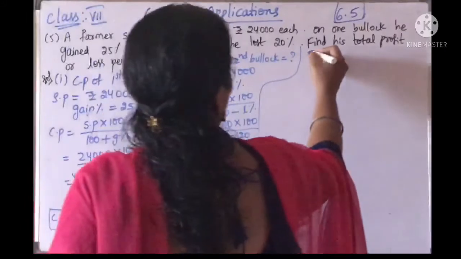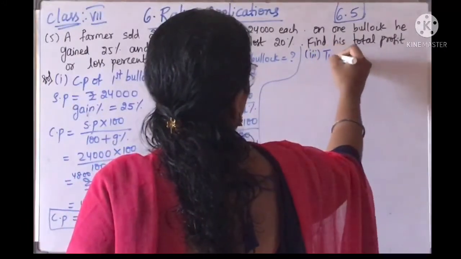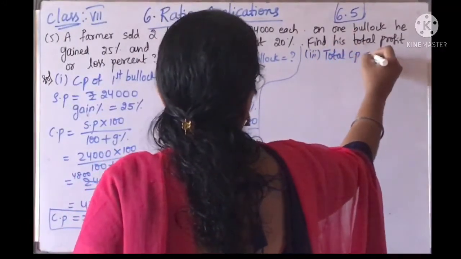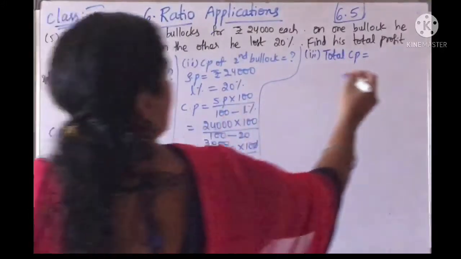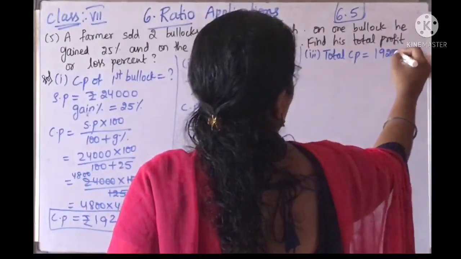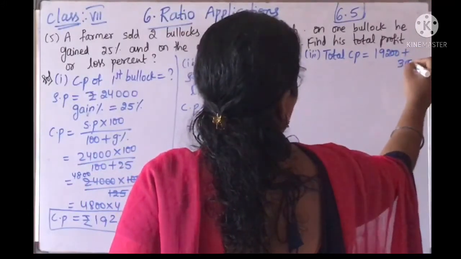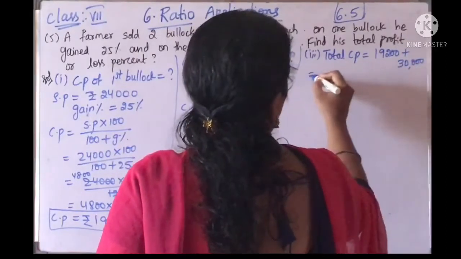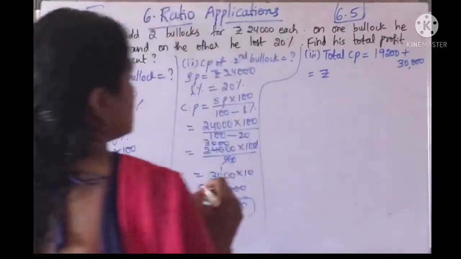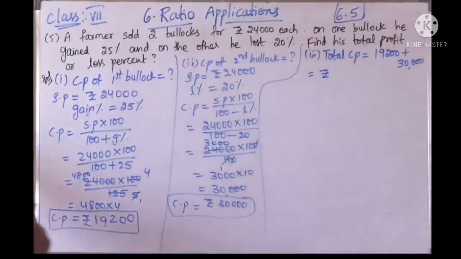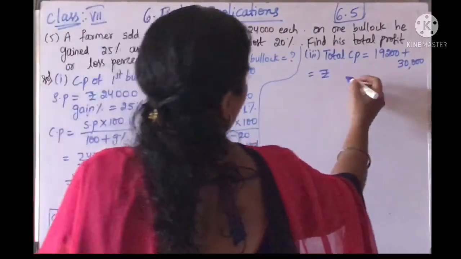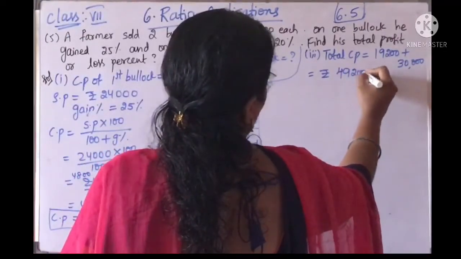So in the third part we will find the total CP. Total CP is nothing but 19,200 plus 30,000. How much do you get? 49,200.